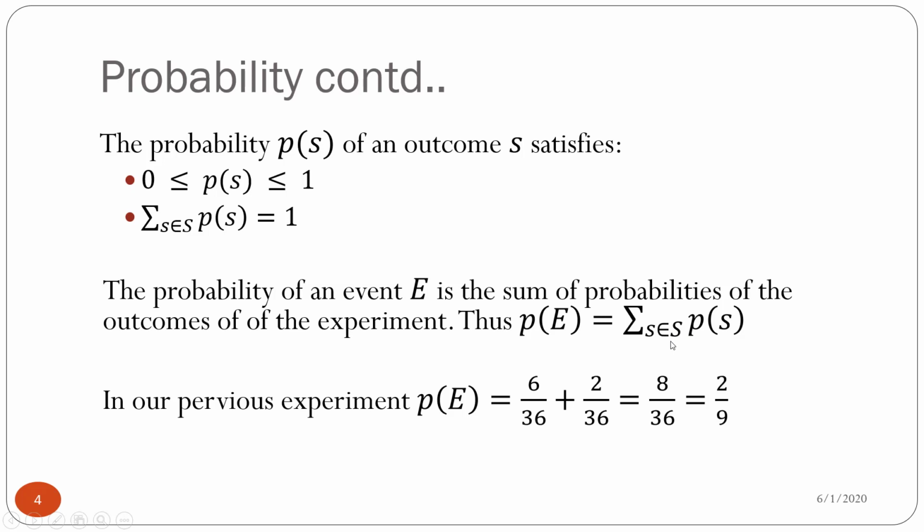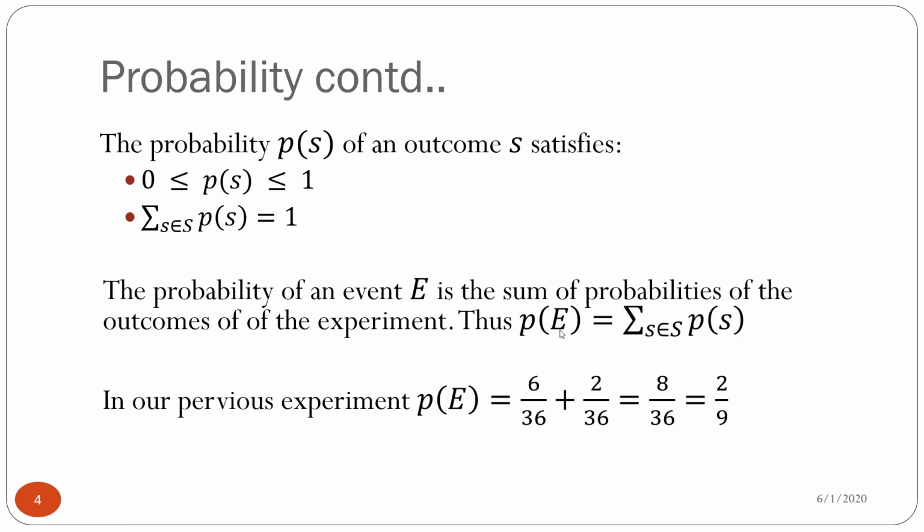I will double check, make an announcement, and update the slide. I have a strong feeling that S should belong to E. Seems like a typo, sorry about that. The outcomes that we have should be those outcomes that belong to our event set.